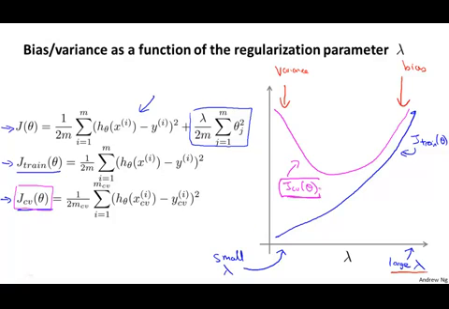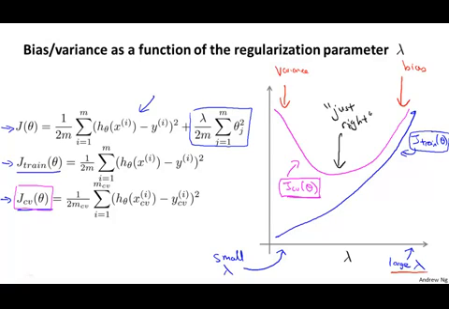And so this is what the cross-validation error and what the training error may look like on a training set as we vary the regularization parameter lambda. And so once again, it will often be some intermediate value of lambda that is sort of quote just right, or that works best in terms of having a small cross-validation error or a small test set error.